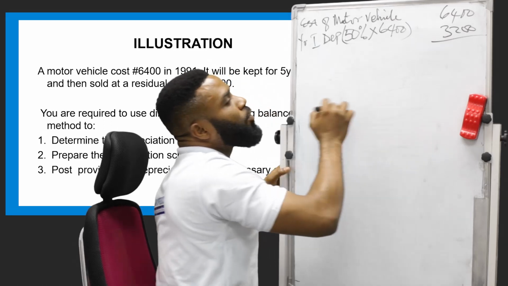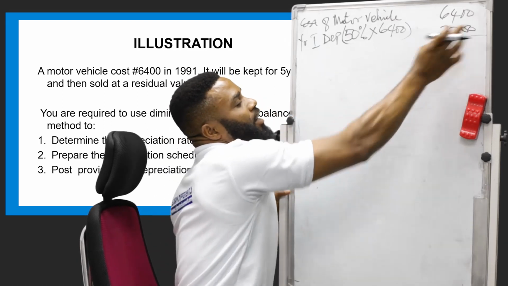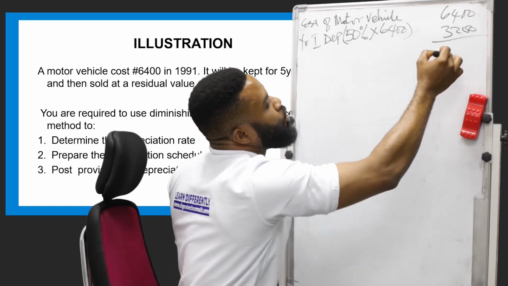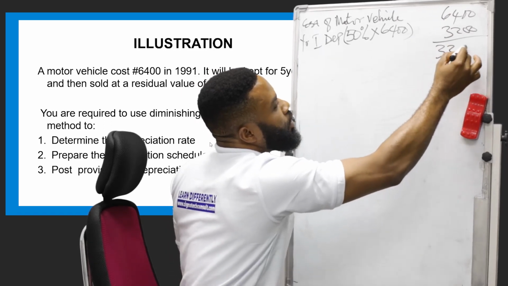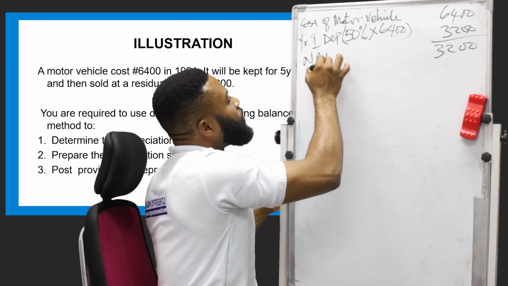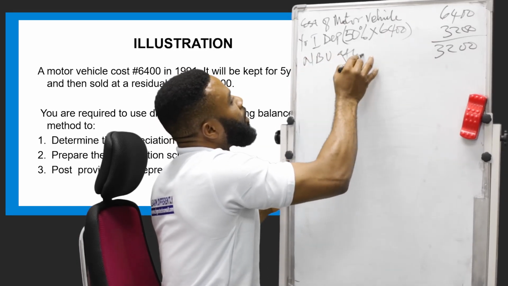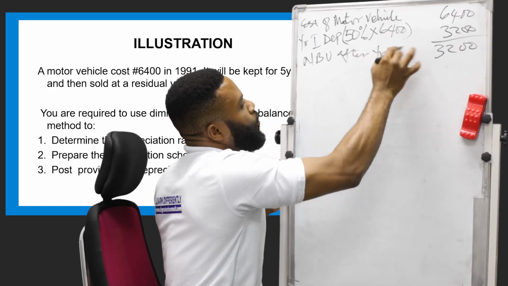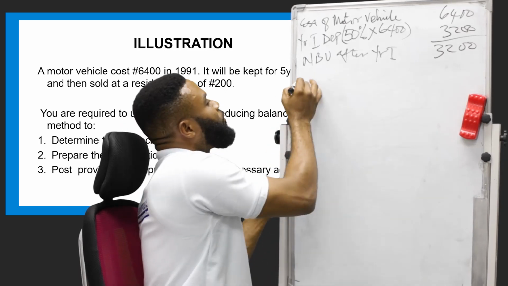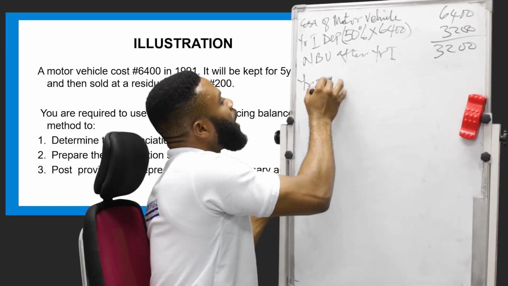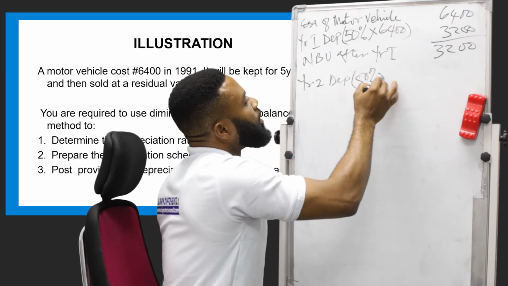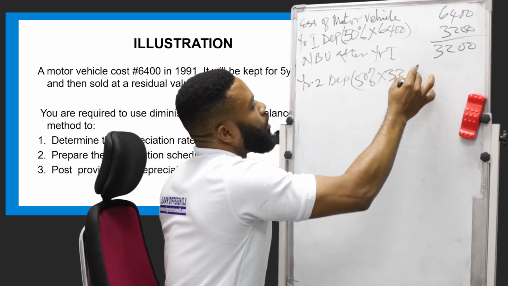Now, to get the net book value after you have arrived at your depreciation, subtract this from this. If you subtract this from this, you are going to have 3,200. This 3,200 is the net book value after year one. After what? Year one. This is your net book value after year one. Then for your year two, your depreciation is going to be 50% times 3,200.